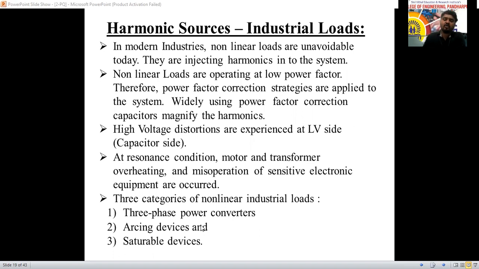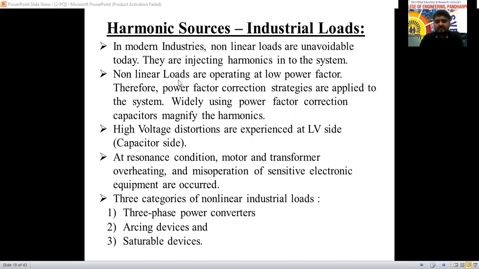So mainly for these three reasons industrial loads produce harmonics; these are the sources of harmonics in industrial load connections.